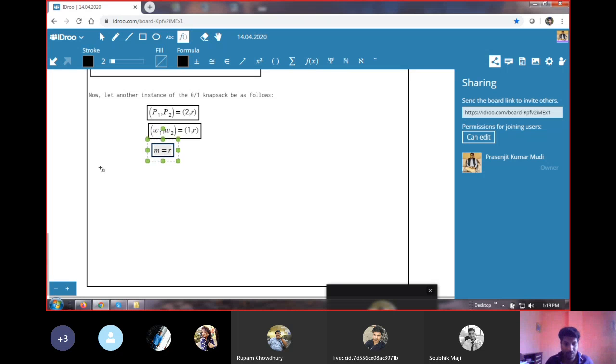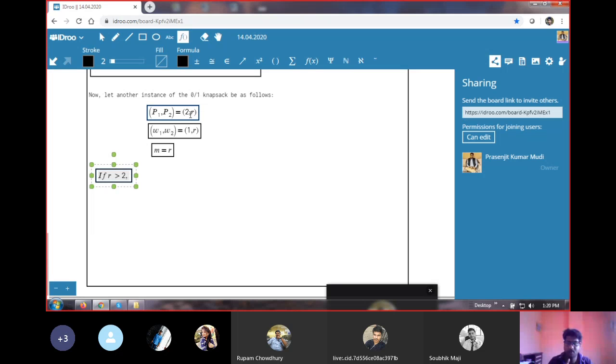Okay, so in that case, if R is greater than 2, see what we can see. So P1, right, R is greater than 2, so the profit corresponding to the second object is more than that of the first object, and the solution is either 1 comma 0 or 0 comma 1.